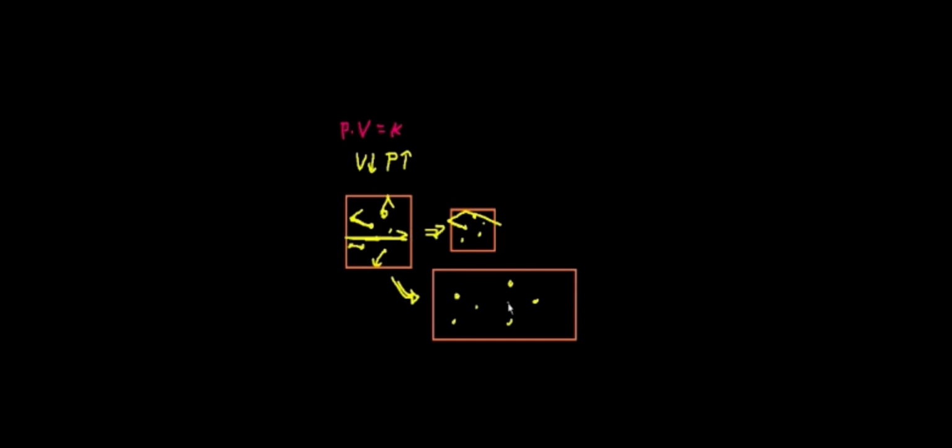And now, in this situation, with larger walls, it might just go bam, and in that same amount of time, it'll maybe get here. It won't even hit the other wall. So the particles, on average, are going to be colliding with the wall less often, and the walls are going to have a larger area as well. So in this case, when our volume goes up, the average pressure, or the pressure in the container, goes down.